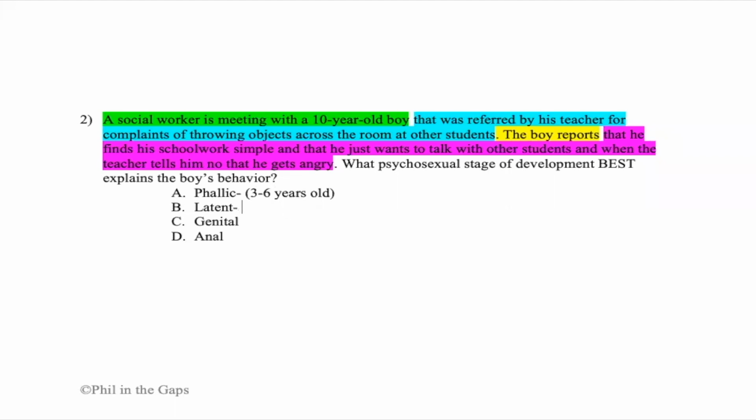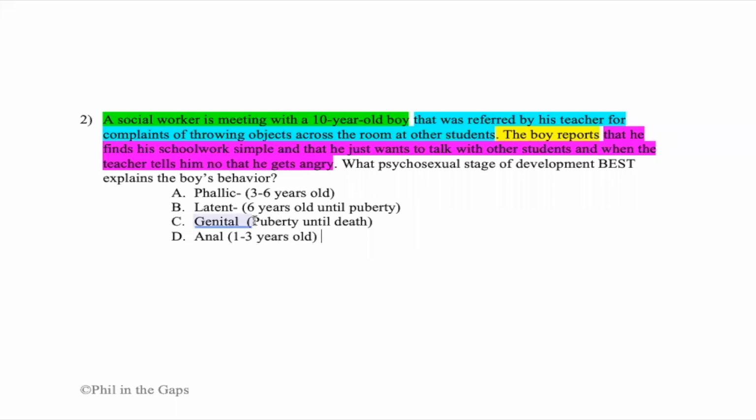B, the latent stage is going to be 6 years old until puberty. And then the genital stage is going to be puberty until death. And then the anal stage is going to be 1 to 3 years old.